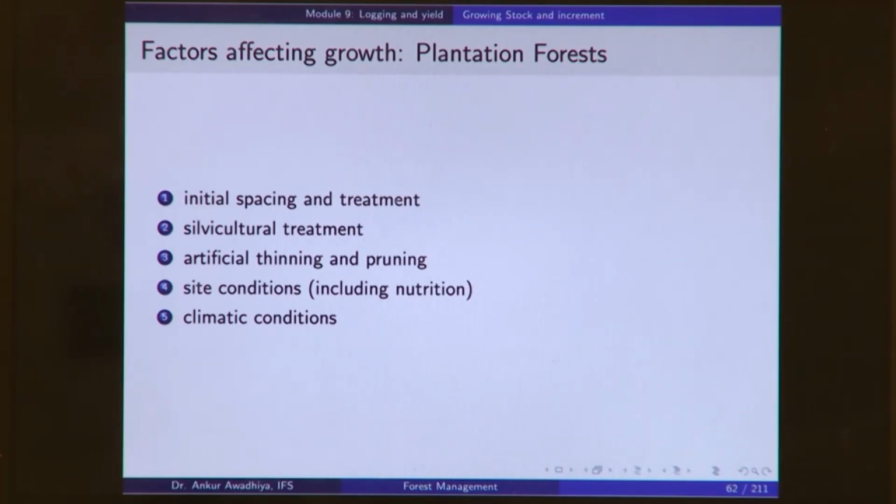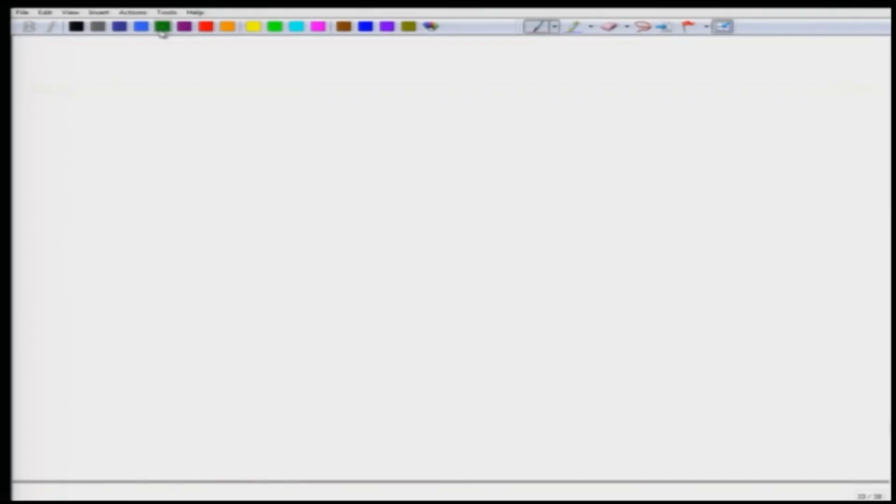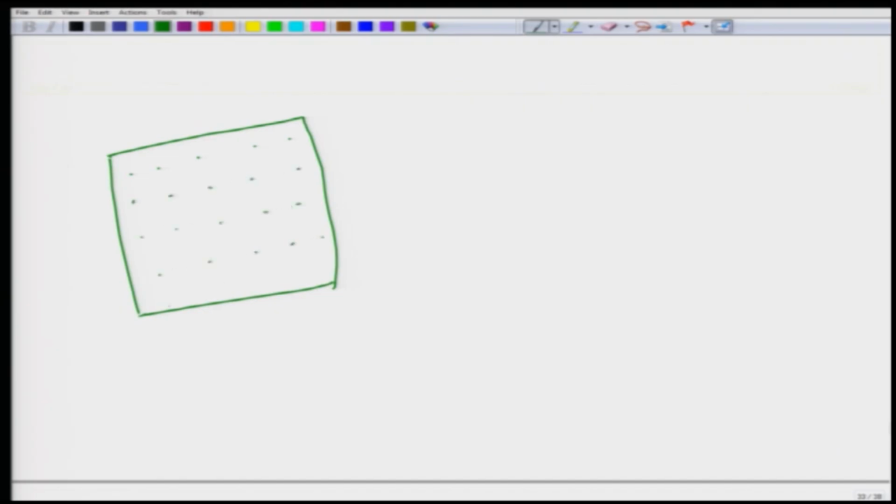Now, if you consider any piece of land and let us say that we have planted this land with some particular species and we are trying to do a computation of the growing stock versus time.